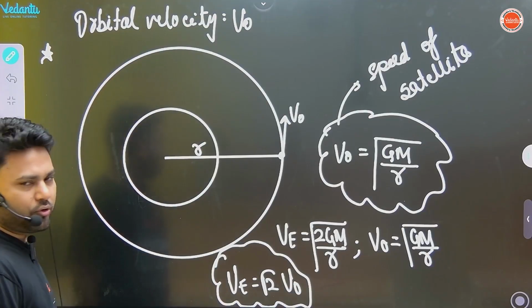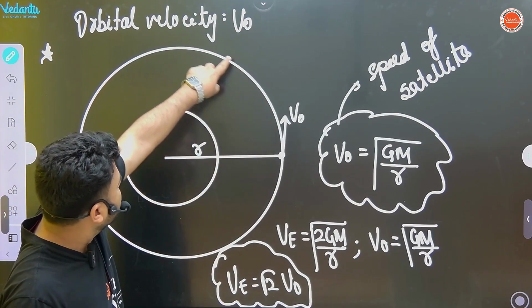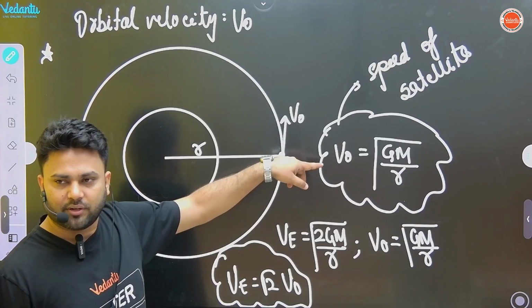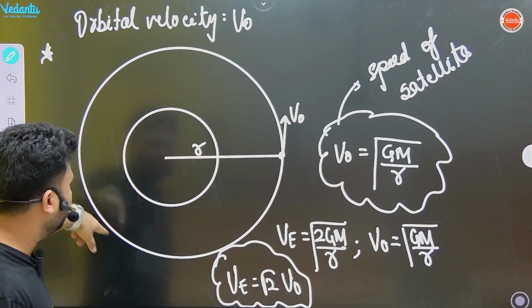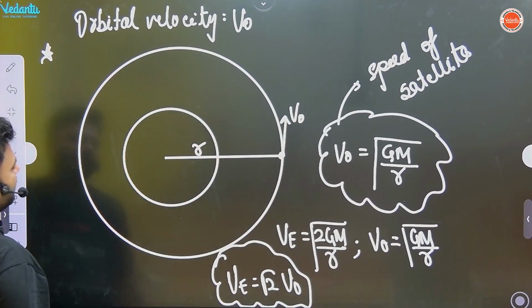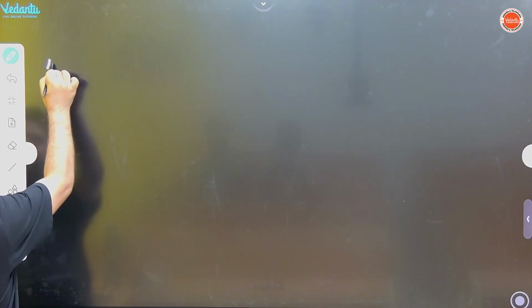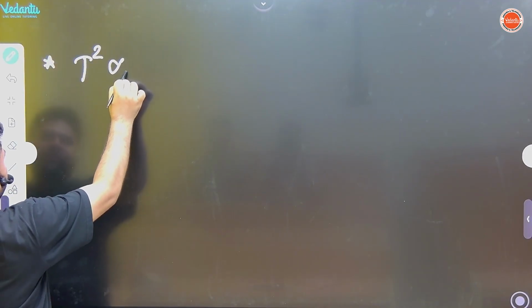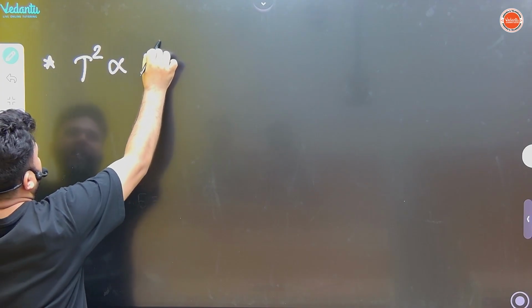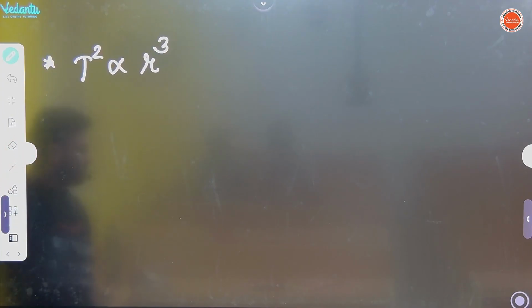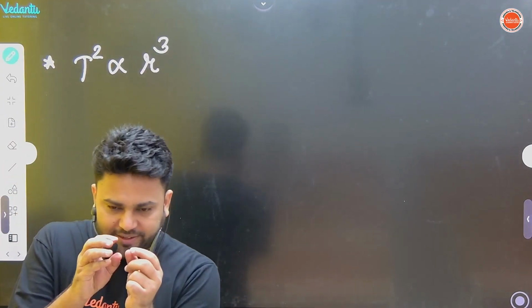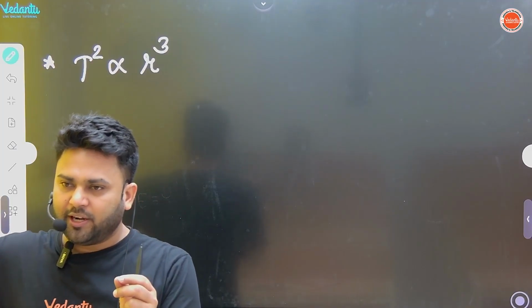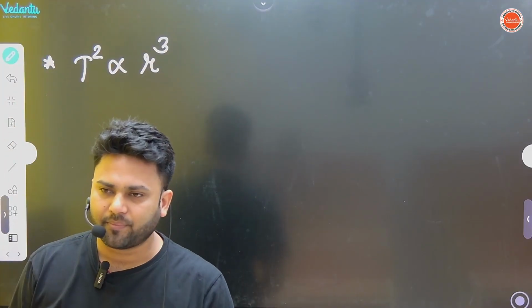So they ask one more question, that this is a satellite, how much time will it take to complete one revolution? So always remember, the square of the time period is directly proportional to r cube. If the distance of the satellite from the center of the earth is more, it will take more time.